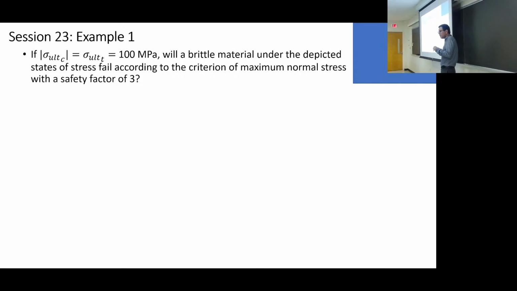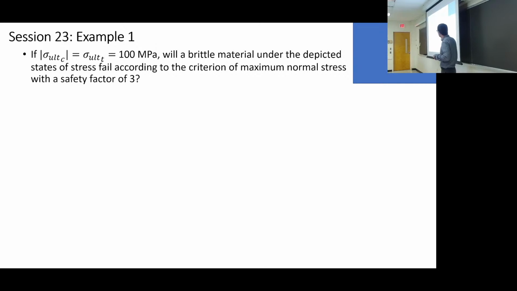So immediately, if I say I need to have a safety factor of 3, and I haven't even looked at my designs yet, we were told that we have an ultimate compressive strength of 100 megapascals and an ultimate tensile strength of 100 megapascals.